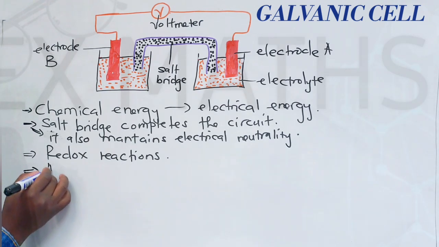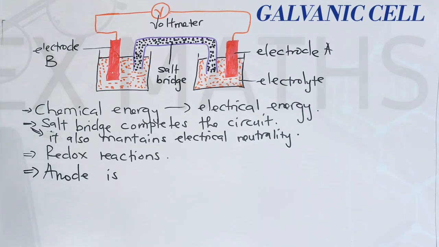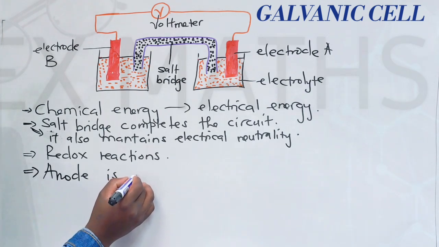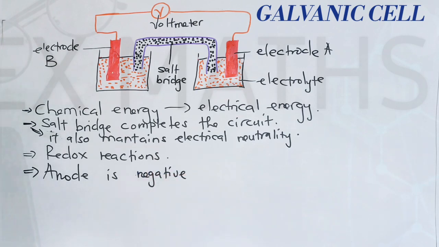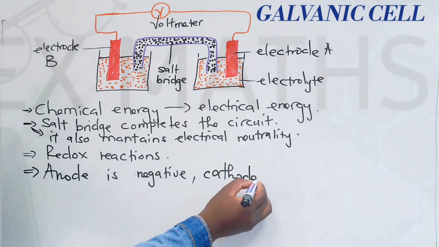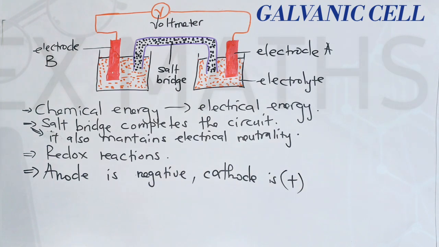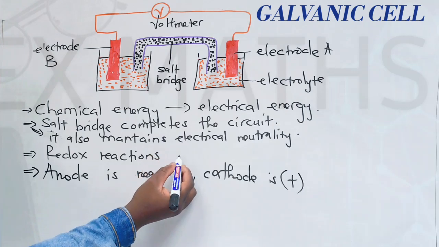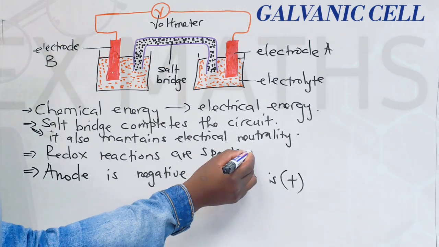The anode is negative. This is for galvanic cells. The anode is negative and the cathode is positive. Then the redox reactions that take place in this galvanic cell are spontaneous, meaning they can start on their own.